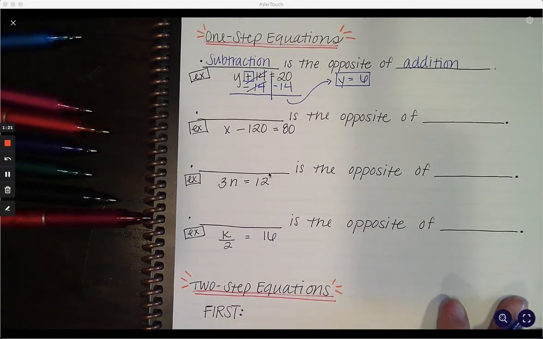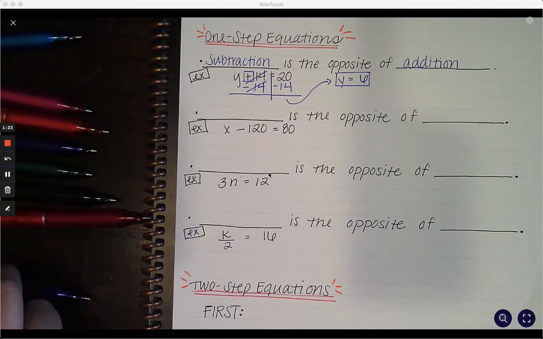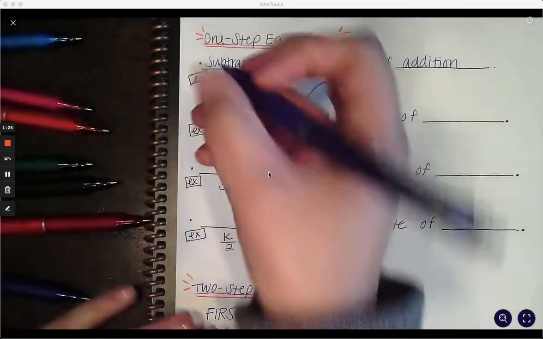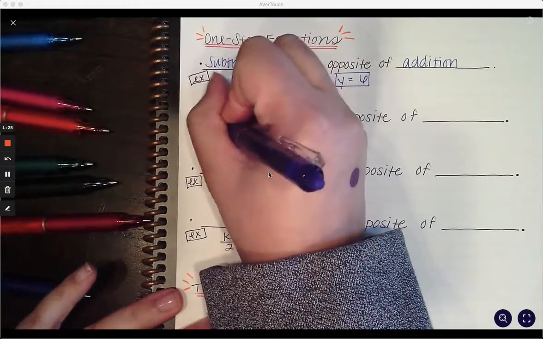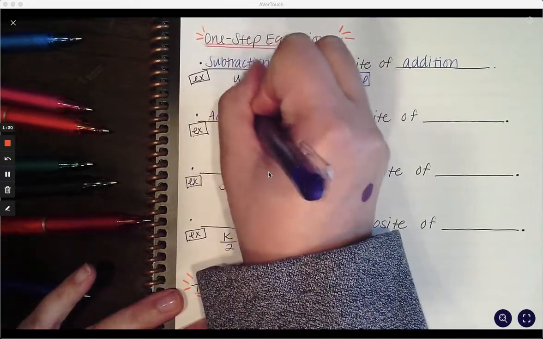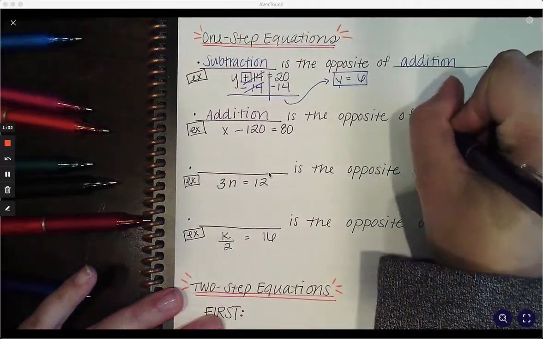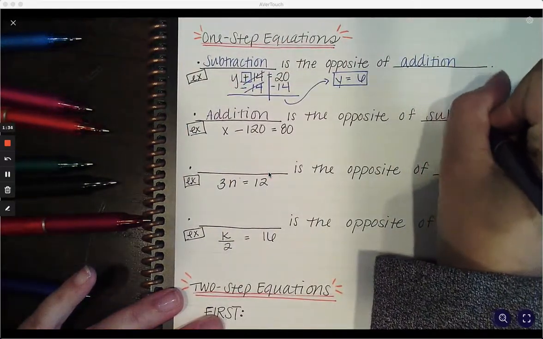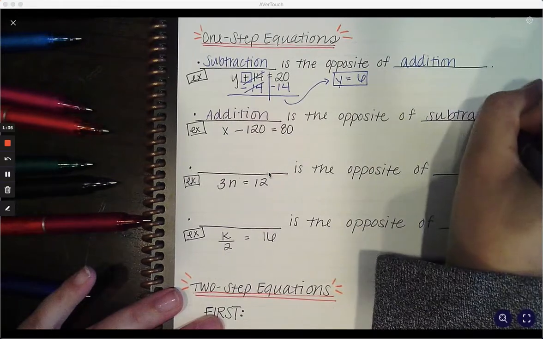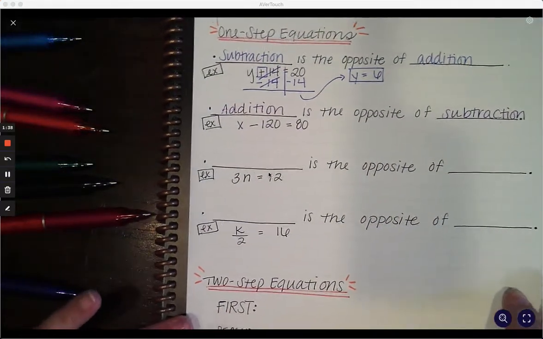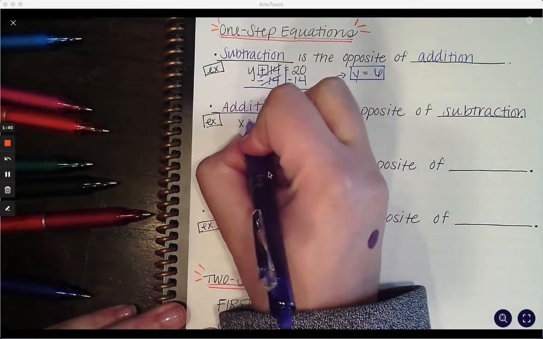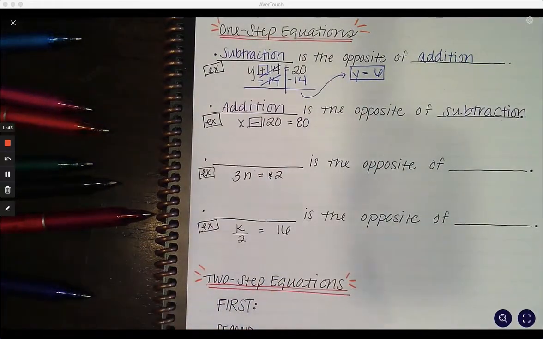Okay? So if subtraction is the opposite of addition, addition is the opposite of subtraction. Okay? So when we see the subtraction sign, we have to do the opposite.